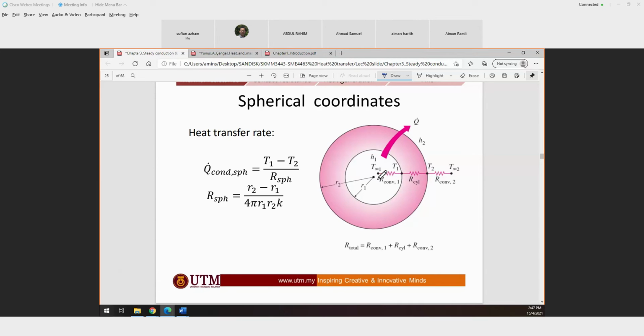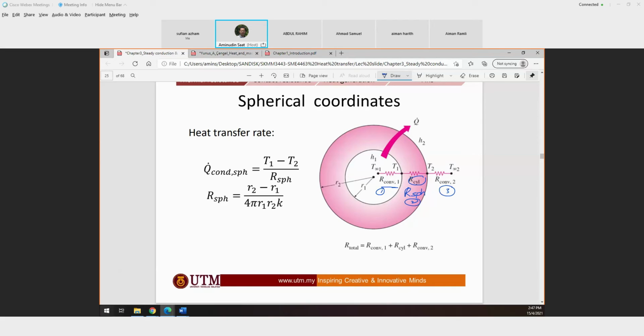Of course in the sphere you may keep some fluid inside, so because of this fluid you have the convection in the internal part. Next, this is the wrong one, this is not a cylinder, this is a sphere. Sorry for the typo, this should be R spherical. This is the first, this is the second, and this is the third one, R convection outside.